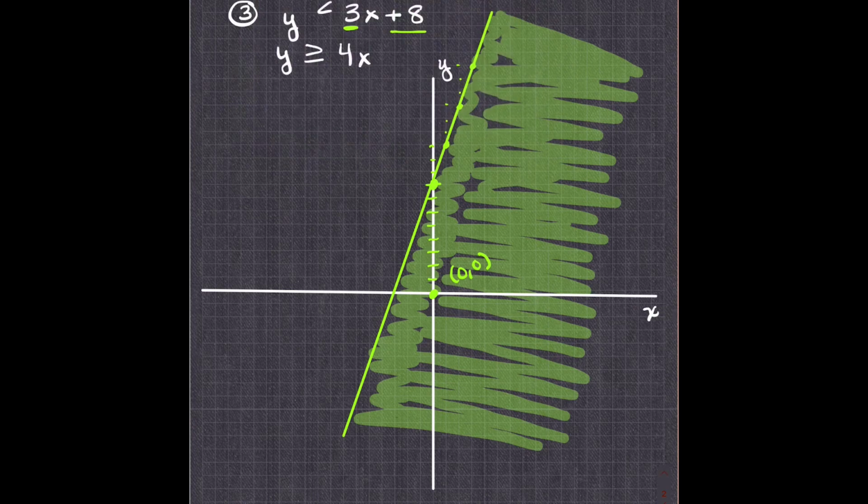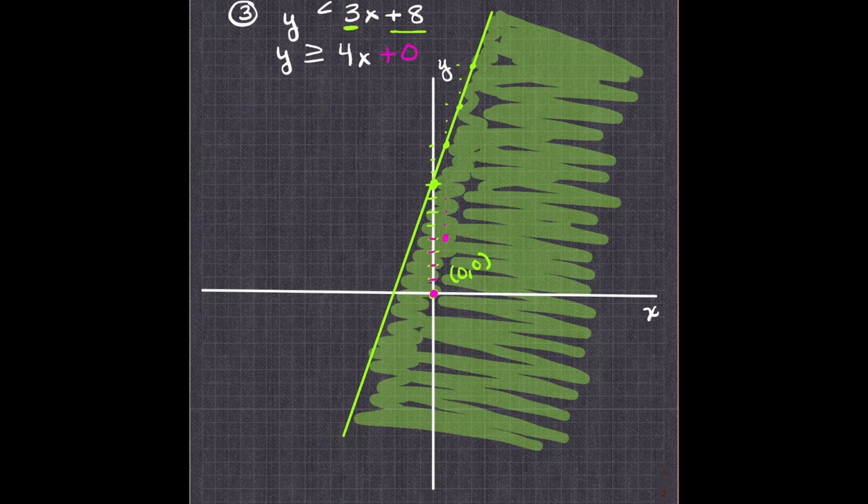And now let's do y is greater than or equal to 4x. So this is one of those direct variations. It's going to cross through the origin. It has no b number there, so it just goes right through 0, 0. My slope is 4, so I'm going to rise 4, 1, 2, 3, 4, and run 1.